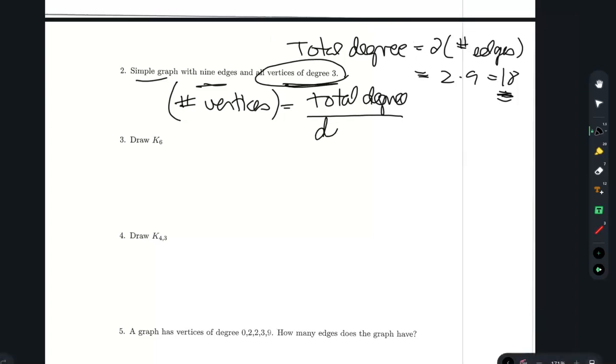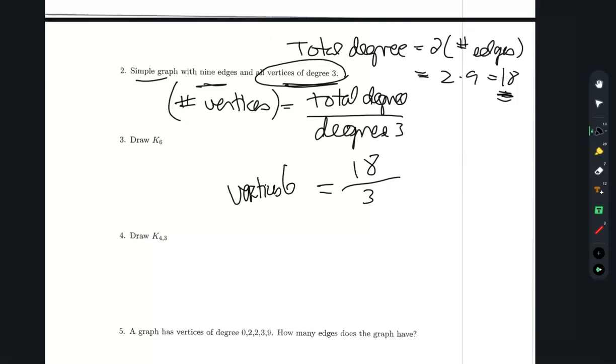They tell me they're all degree 3, so that gives me 18 over 3, because all the vertices are degree 3. That means there are 6 vertices. So I needed to do quite a bit of work to find out how many vertices I have to be able to draw. Okay, let me make room here.